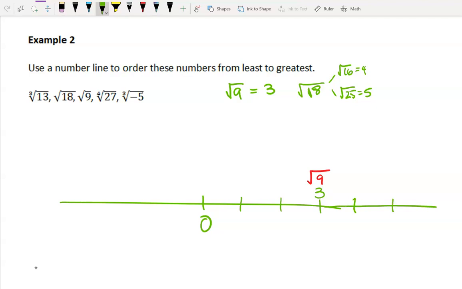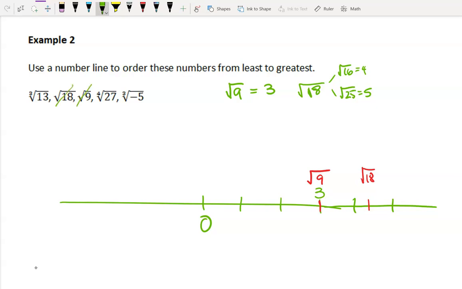There's 4, there's 5. I'm going to put root 18. Now, where do you think it should be? Closer to 4 or closer to 5? I think it's going to be somewhere around here. Again, we're just ordering them. It doesn't have to be exactly correct. So we've done those two.